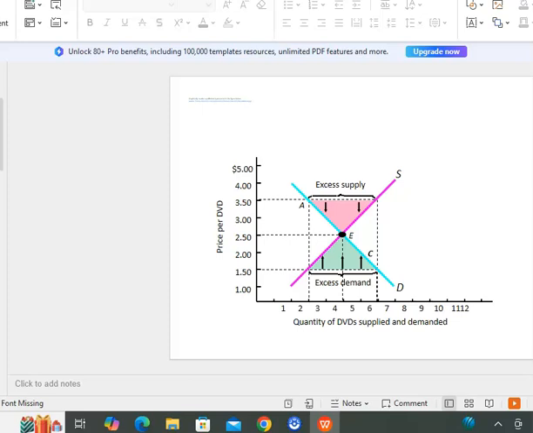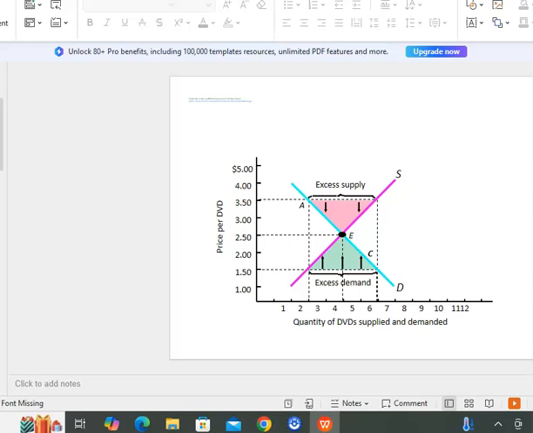So you can see that the supply curve is above the demand curve. That is why we are saying that there is excess supply, and the excess supply occurs when there is a higher price in the market, because as you know, suppliers are willing and able to supply more quantities of goods and services when the price is high in the market.